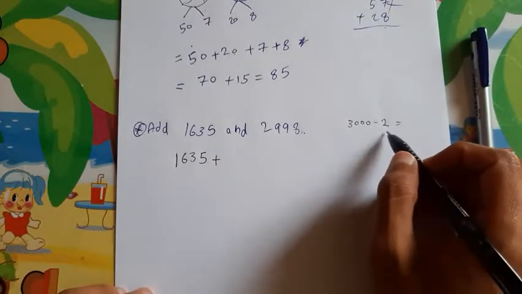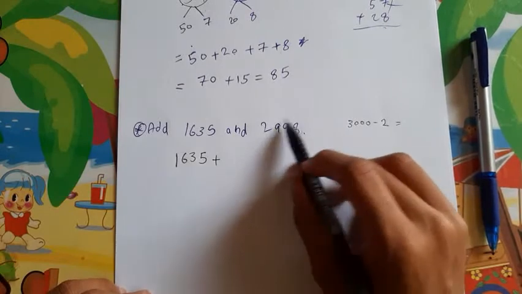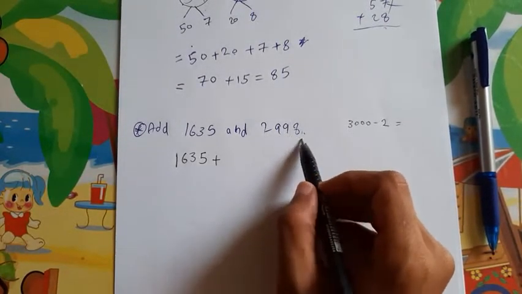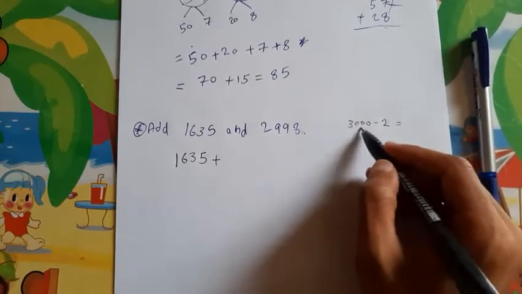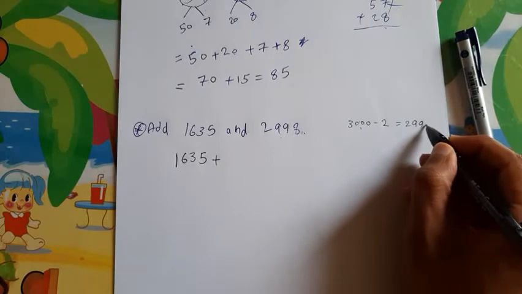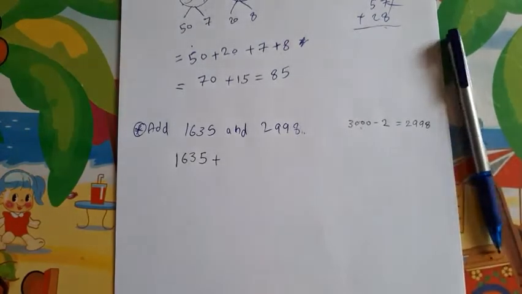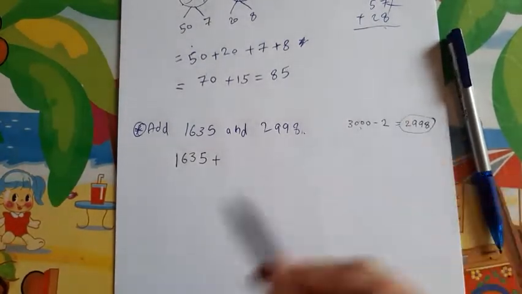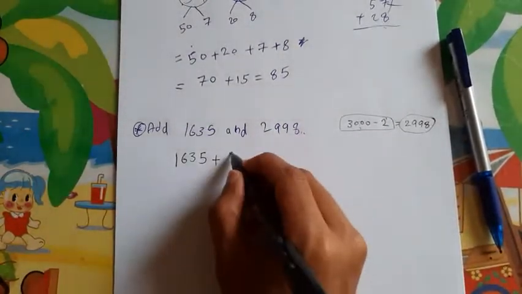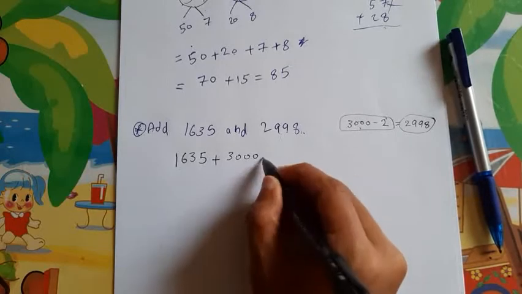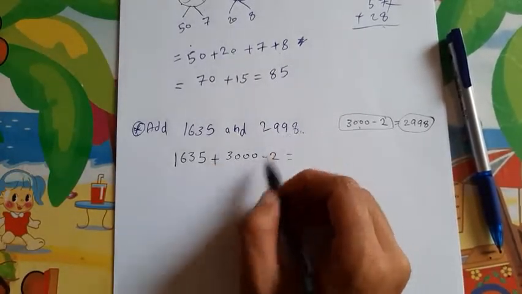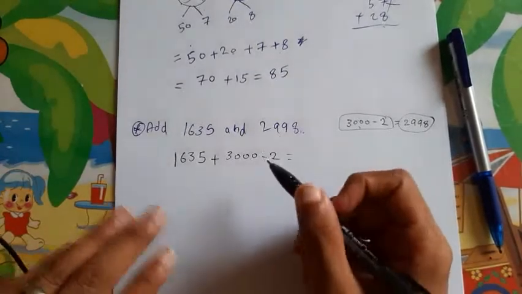There is 2 remaining for 2998 to reach 3000, right? So instead of this, I'm going to use this. 3000 minus 2, right? This is the same as this. Now, why did I do that?